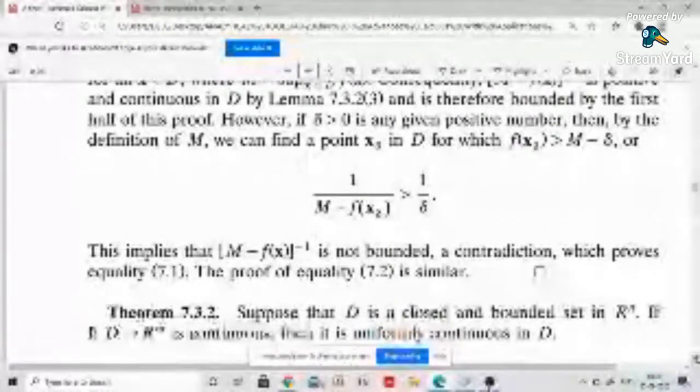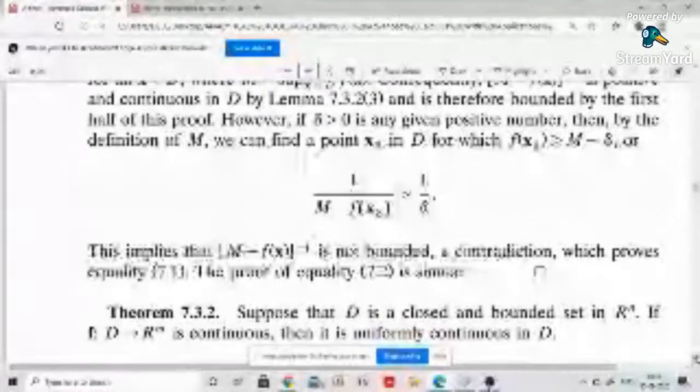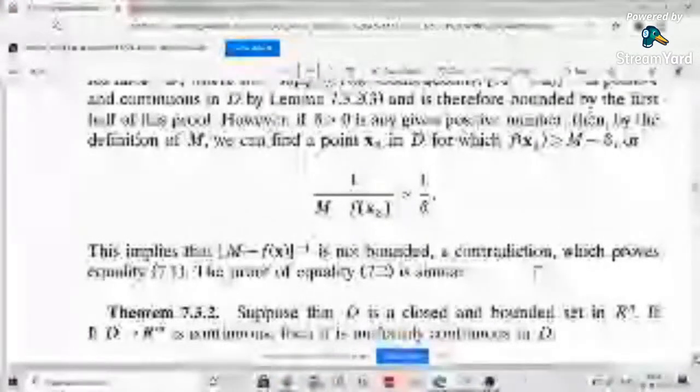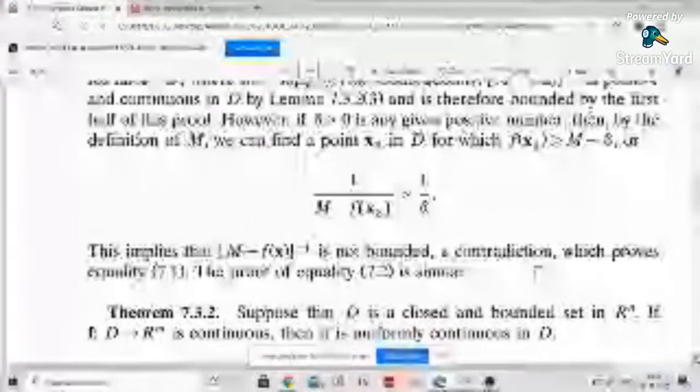This implies that 1 by m minus f of x is not bounded because it is greater than 1 by delta. If it is less than or equal to 1 by delta, we can say that it is bounded. Since it is greater than 1 by delta, we can say that it is not bounded.